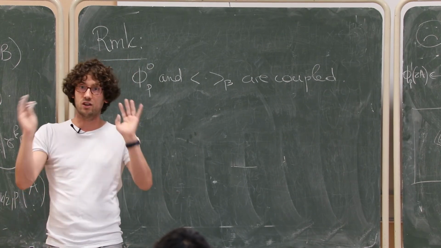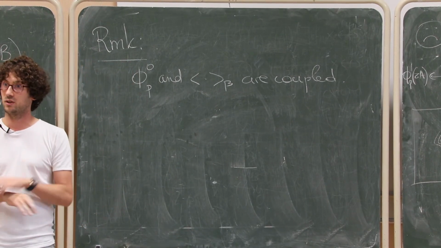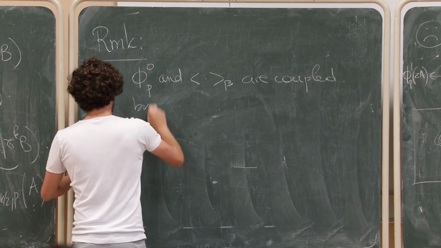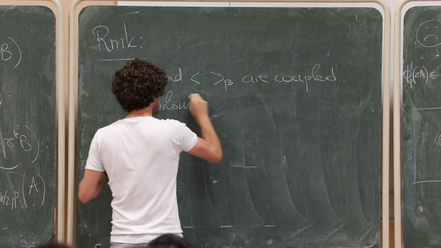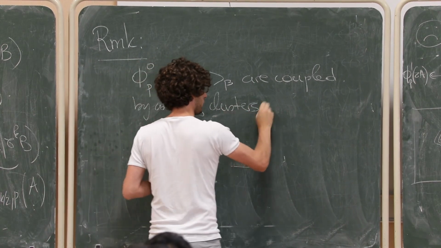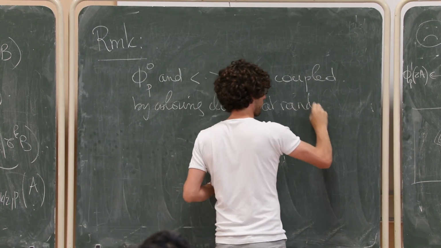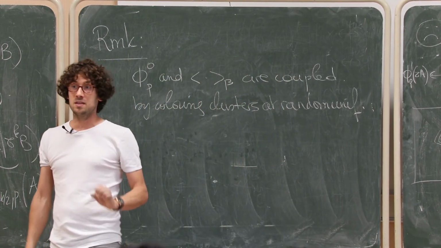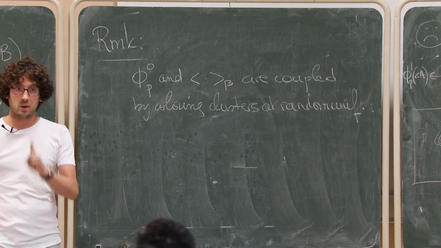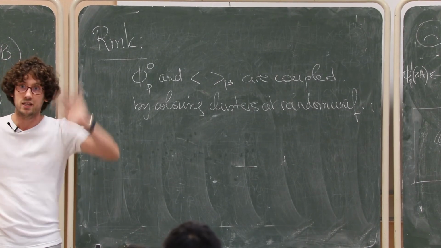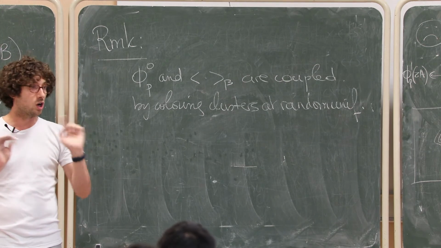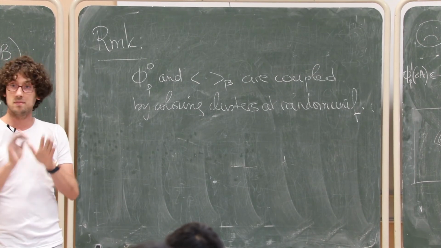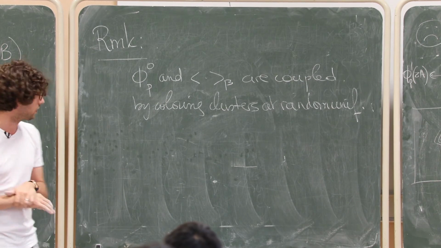You just color every cluster at random plus or minus 1, no problem. So these are coupled by coloring clusters at random uniformly. And notice that here, even infinite clusters, no problem with it. But be careful that if you have 3 different infinite clusters, you color them in a different way in this case. You really color them like each cluster has a different thing.